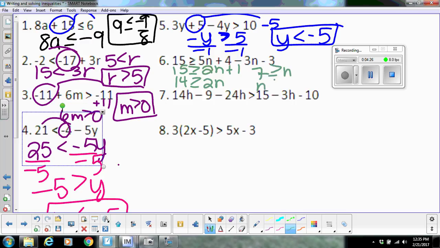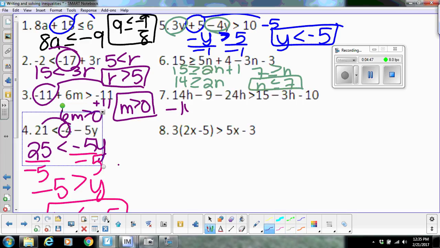And here you got to flip it again to get your letter on the left. Because I have to divide by negative 1. Because there's a negative y here, 3y minus 4y is negative 1y. So you got to divide by that negative.